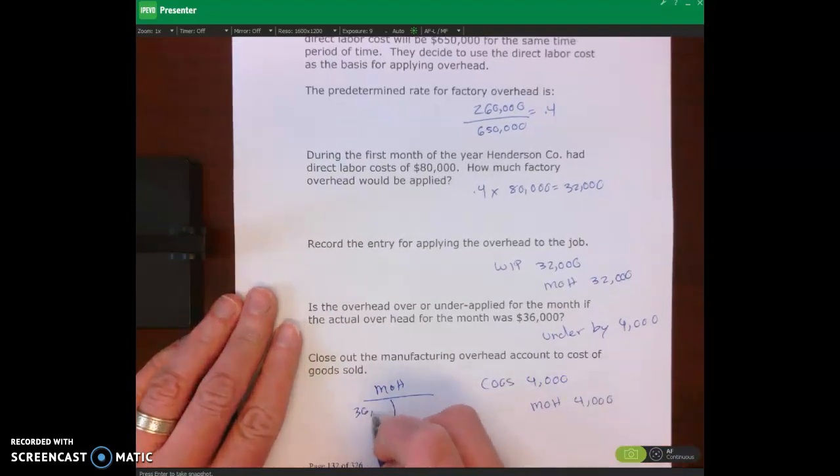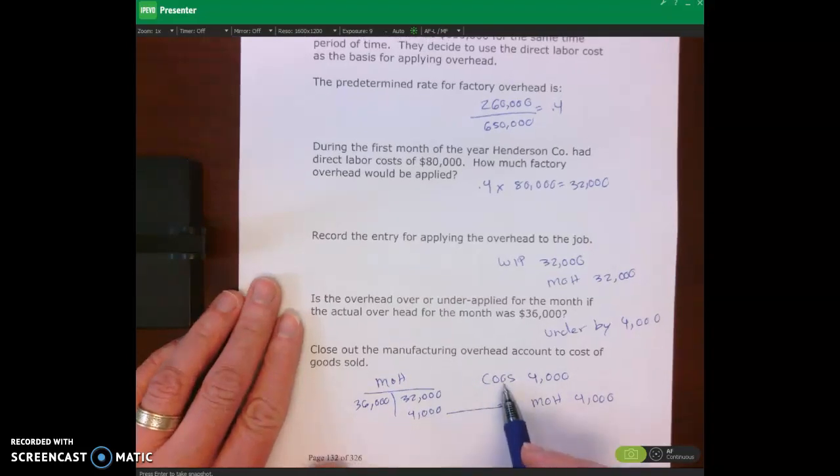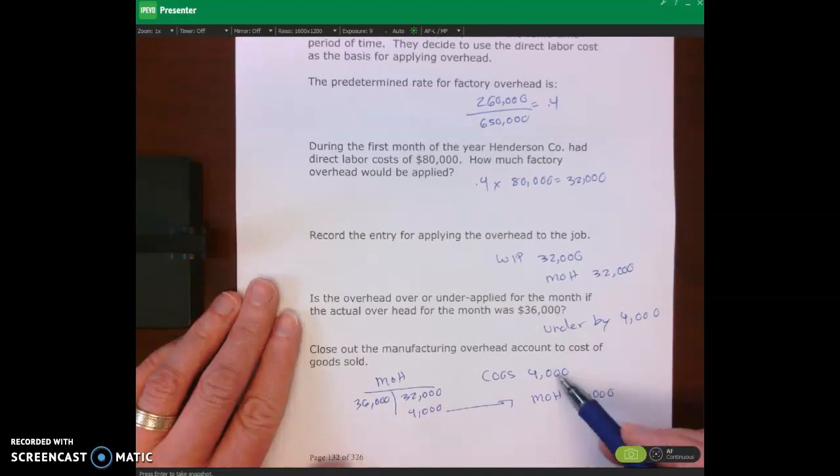We have our $36,000 right there, $32,000 worth of applied. That means you put $4,000 on the credit side of overhead, and then we would debit cost of goods sold by $4,000. Net income would then go down by $4,000 because cost of goods sold is going up, income goes down. Okay?